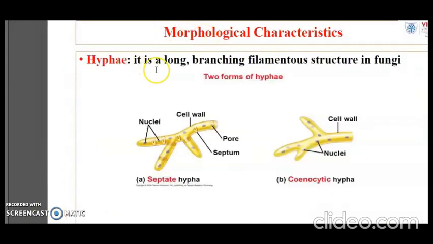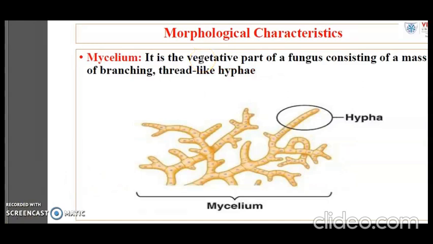Hyphae is a long branching filamentous structure in fungi. There are two forms of hyphae: the septate hypha, which has a compartment-like appearance, and the coenocytic hypha. Mycelium is a vegetative part of the fungus consisting of a mass of branching thread-like hyphae.